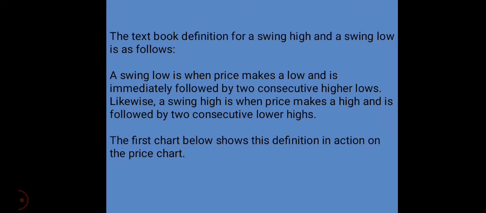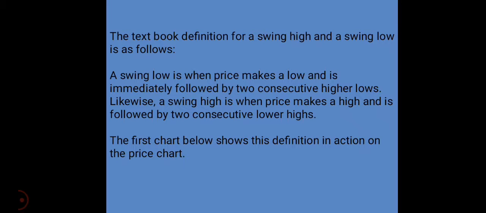Now, folks, according to the textbook definition, a swing low is when price makes a low and is immediately followed by two consecutive higher lows. I showed that as an example where the consecutive higher lows are two bullish candles following the last bearish candle that forms that low.